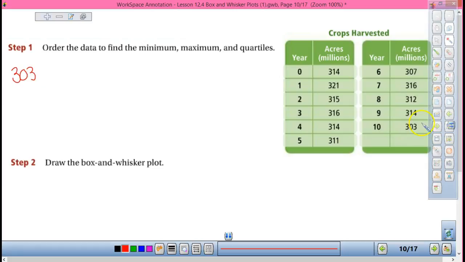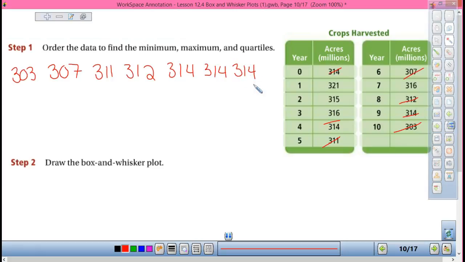Then 310, 307, 314 twice, 3, 1, 2, ooh, 3, yep. Then what? 315, 316, 316, 321. Alright.